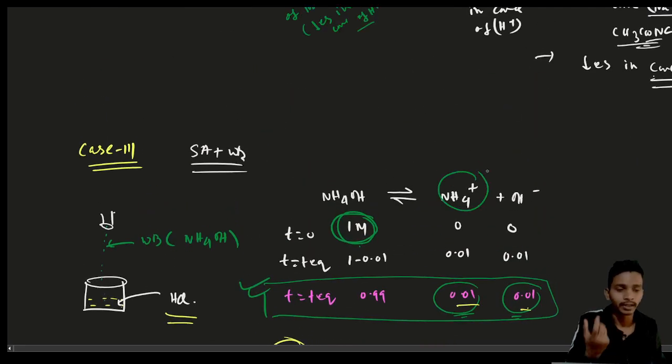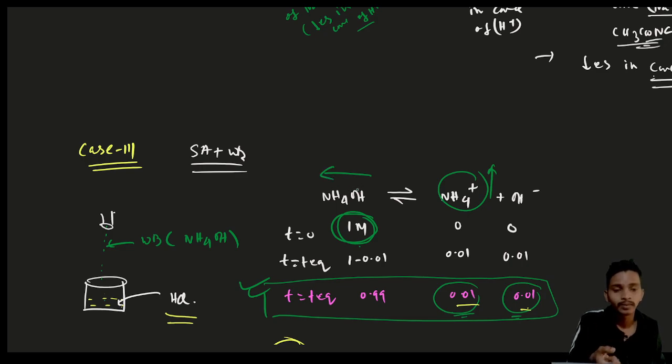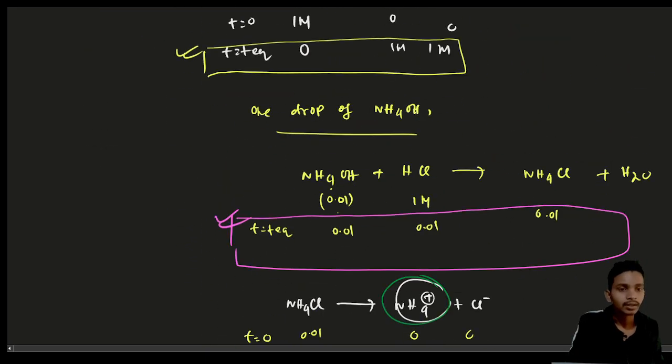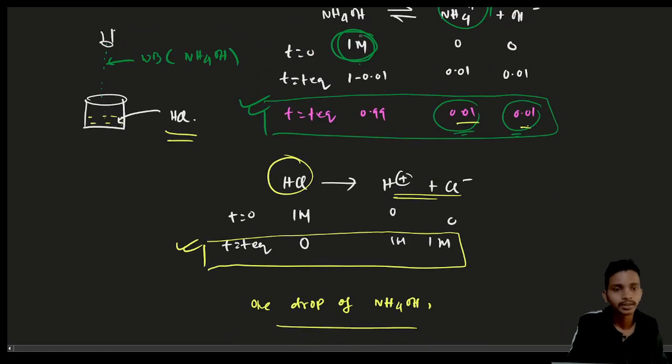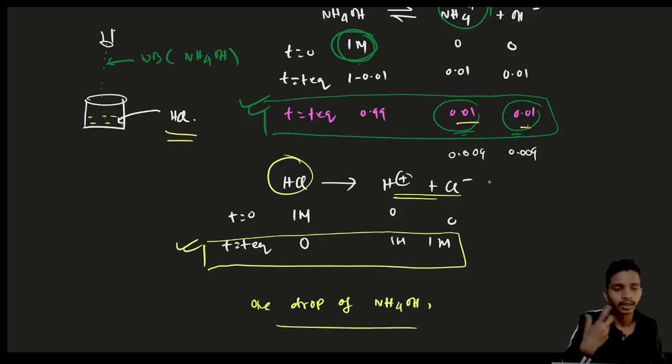So the common ion effect again plays a role here, this concentration increases, and the dissociation of NH4OH decreases. So a very small amount of OH minus comes. For another drop, it comes to very little, like 0.009, this amount. So again it decreases.